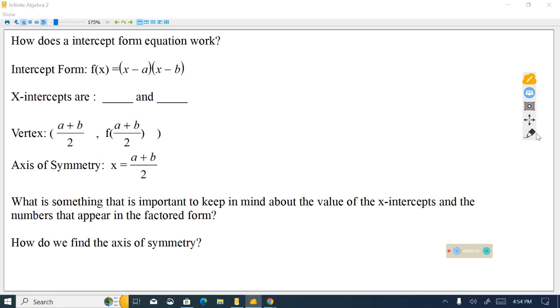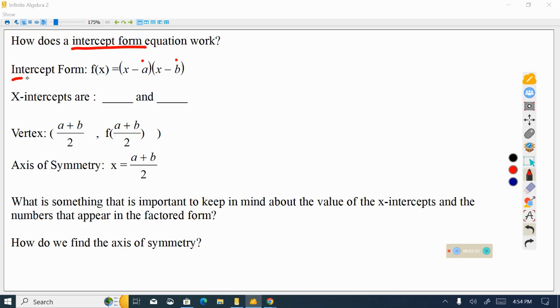The big idea of intercept form is that what it gives us is the x-intercepts. We should be able to tell what they are just by looking at it. So in vertex form, we had to change the sign of one number, whereas in intercept form, we have to change the sign of both of these numbers that are going to be inside of the parentheses with x.